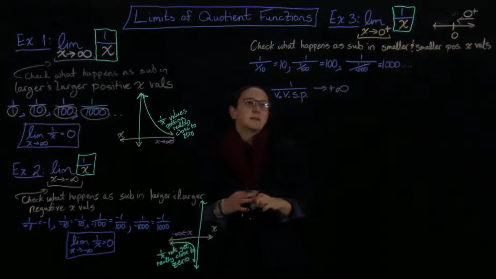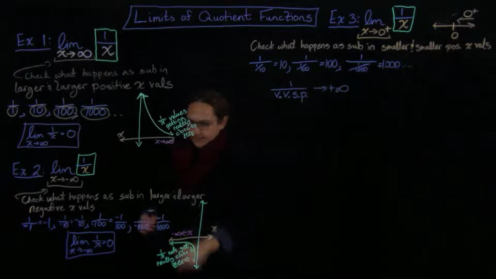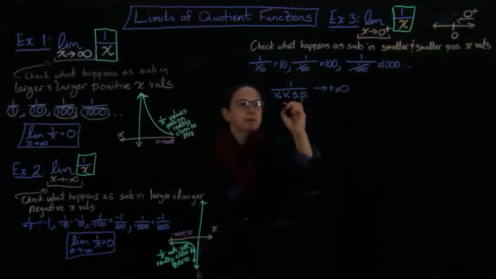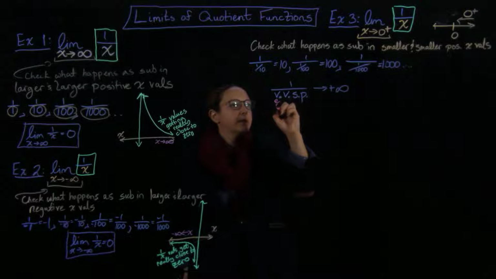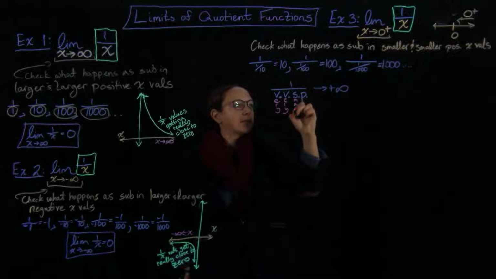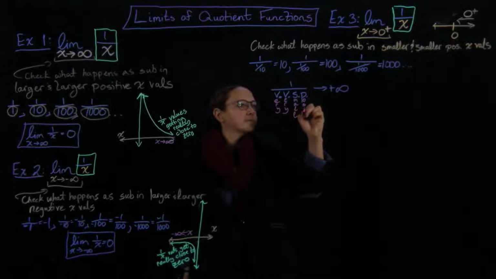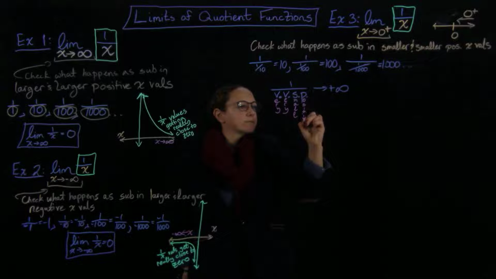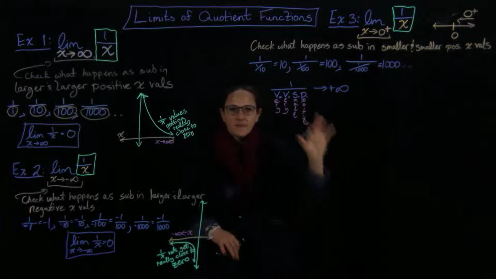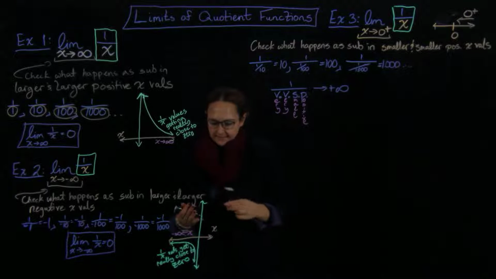Let me write out what I mean by this. I haven't been using red, so let's use that a little more. Very, very small positive. If I have very, very small positive, that approaches positive infinity.